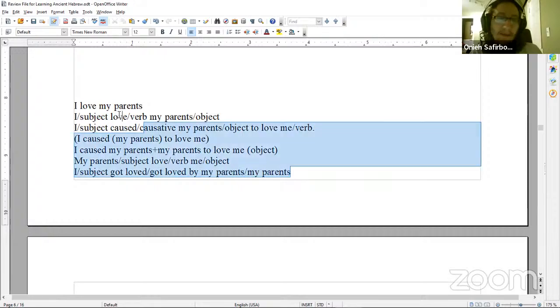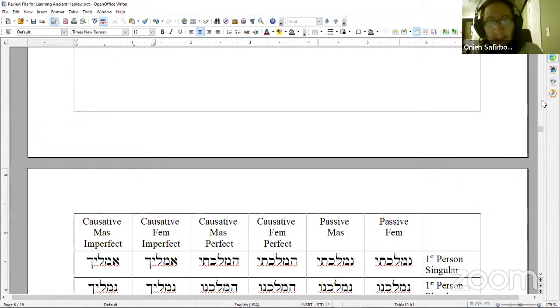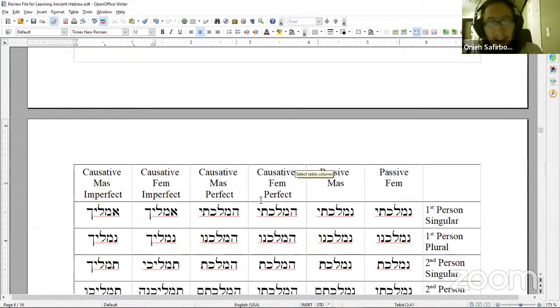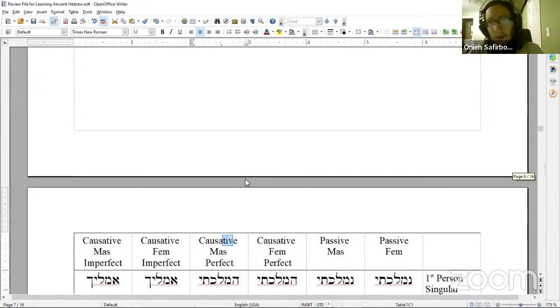So that's basically the way passive and causative works. And you also have reflexive form, and reflexive is basically causative towards oneself. You basically cause yourself to do something.